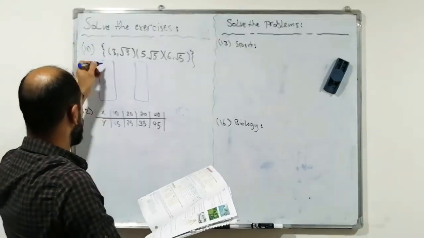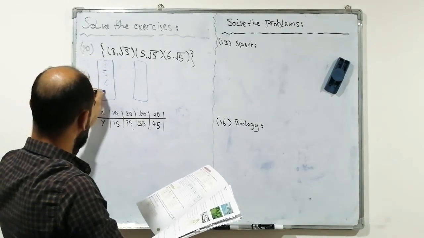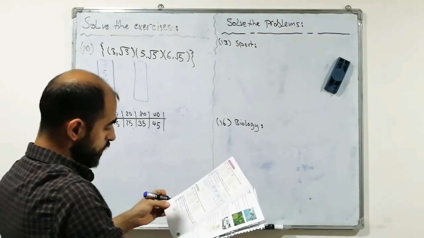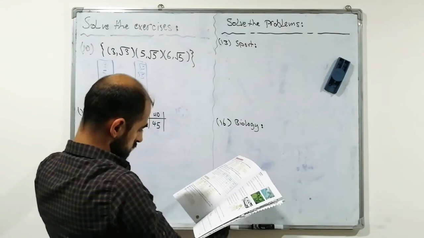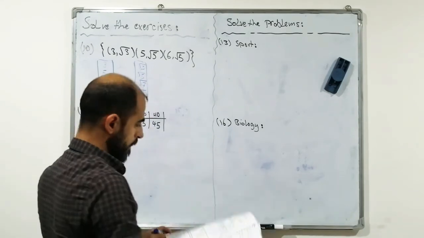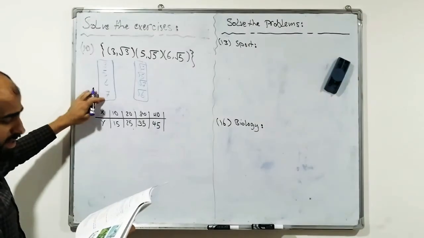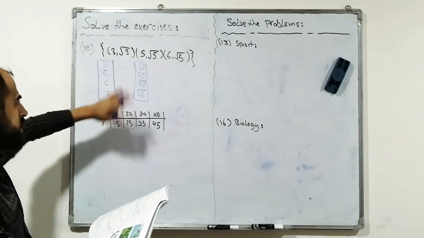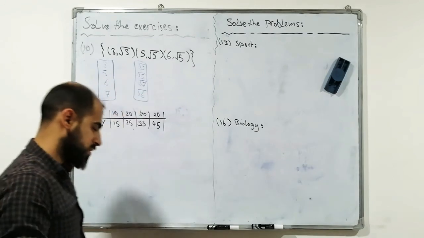He told us the input values are 3, 5, 6, and 7, and the output values are square root of 3, square root of 5, square root of 7, and square root of 6. We can put this here and this here the same.